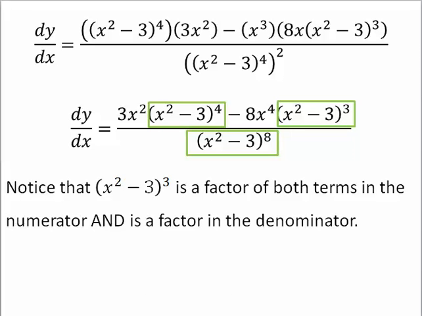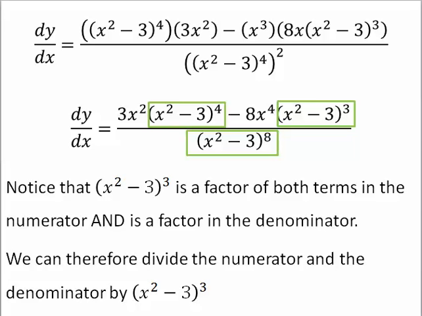Notice that x squared minus 3, quantity to the 3rd power, is a factor of both terms in the numerator and is a factor in the denominator. That gives us an opportunity to reduce. Let's divide the numerator and the denominator by that factor x squared minus 3 raised to the 3 power.